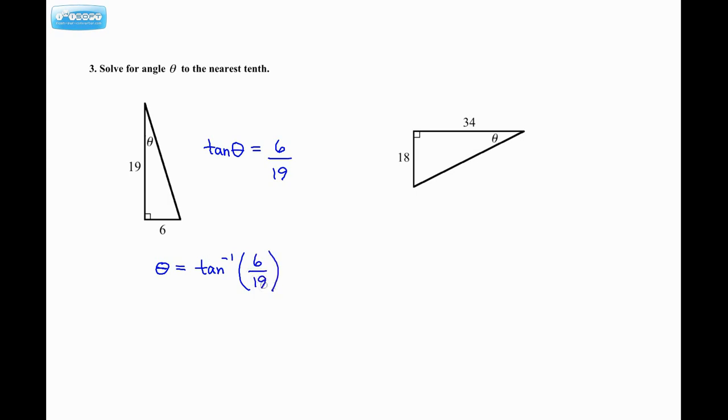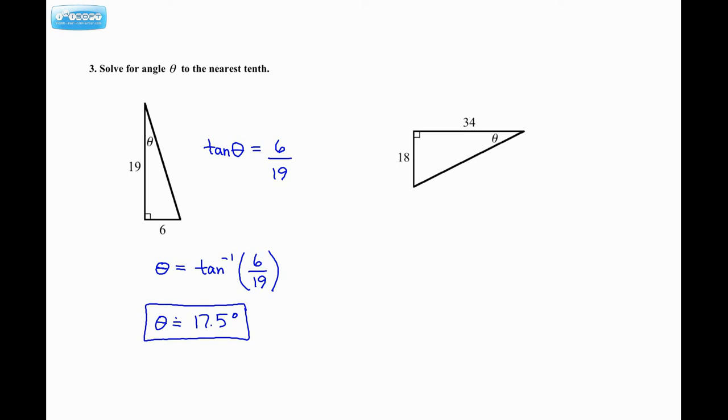So I'm just going to put this into my calculator. You can use your fraction button if you want, or you can just use a division statement, 6 divided by 19, but make sure you put in brackets. So I'm going to work that out, take the inverse tan, and you should get theta is approximately, and we want it to the nearest tenth, so therefore this is 17.5 degrees.